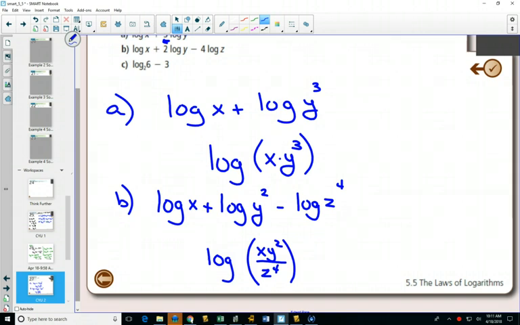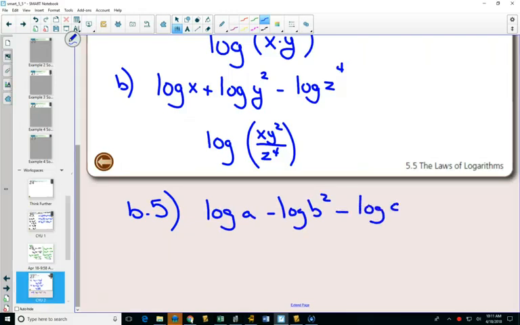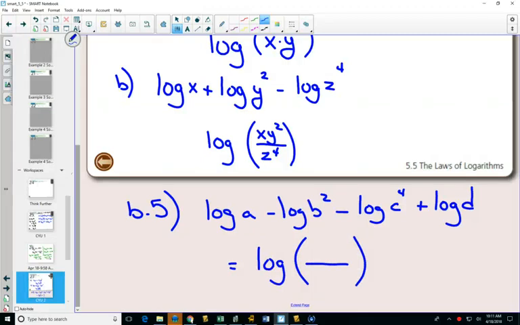So if I do a B.5 here, and I had log a minus log b squared minus log c to the 4 plus log d, I could combine that all together in 1 step by saying the log a and the log d are positive, so they will get put together, multiplied on the top.